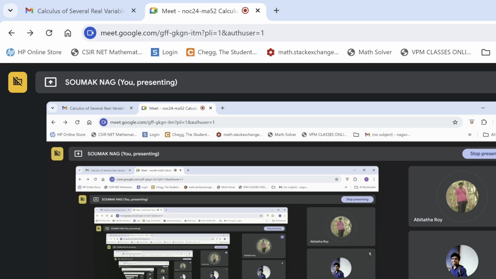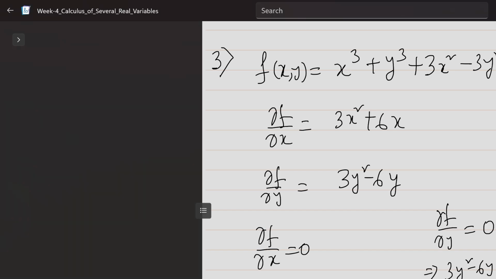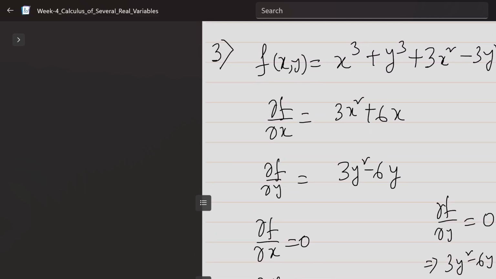I'm saying my screen is okay. Because I cannot see you, I can see this writing page only. So I'm asking what are the critical points? Any tell how many first of all? Did you understand my question? I'm asking what are the critical points of this f.